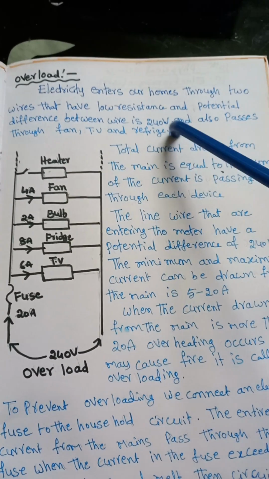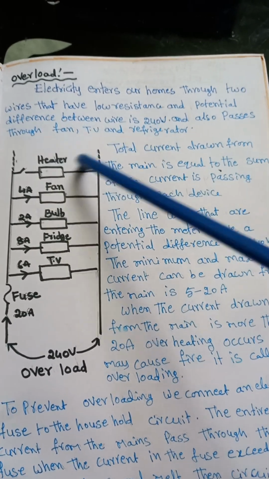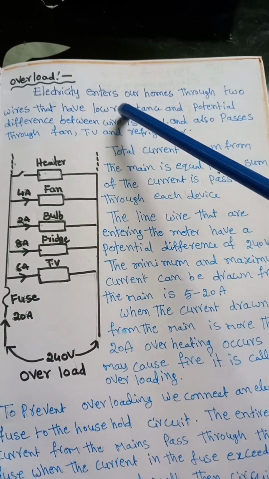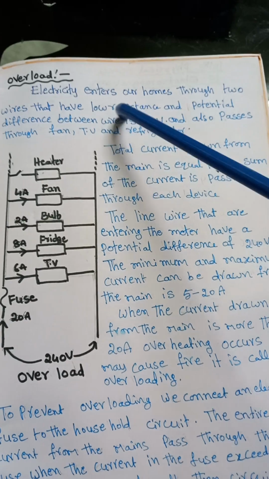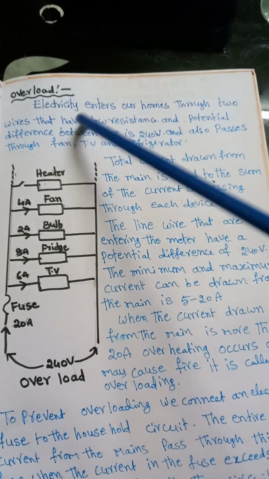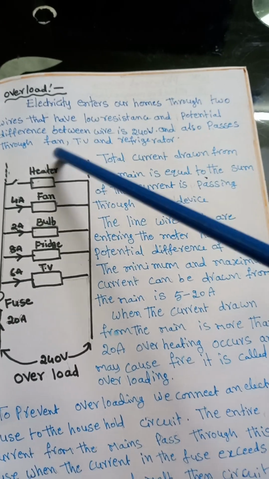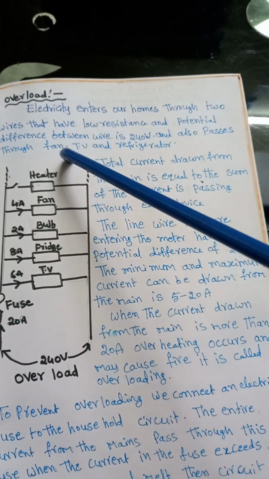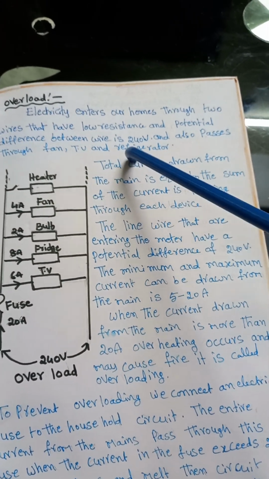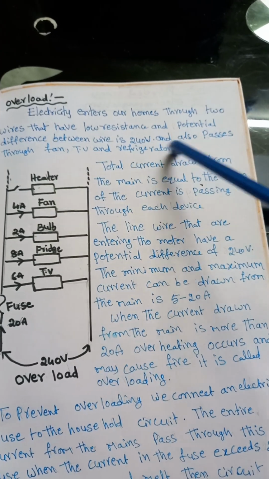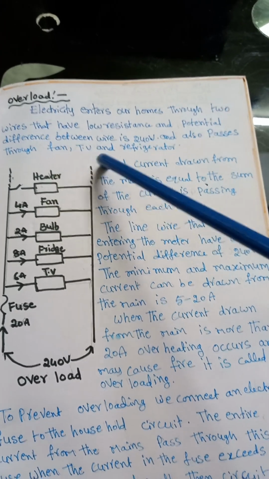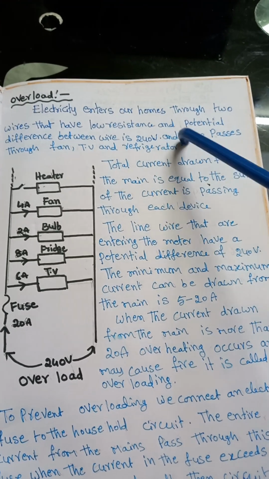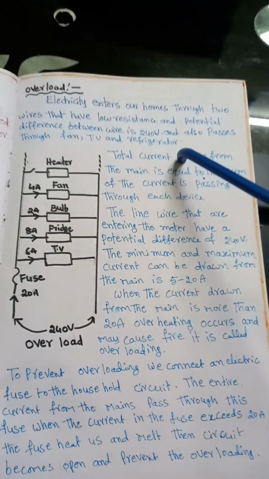So in our home, a number of electric devices are there. When two wires come from the electric pole, the current passes through our home devices like a fan, TV, refrigerator. Then the total potential difference is 240 volts.